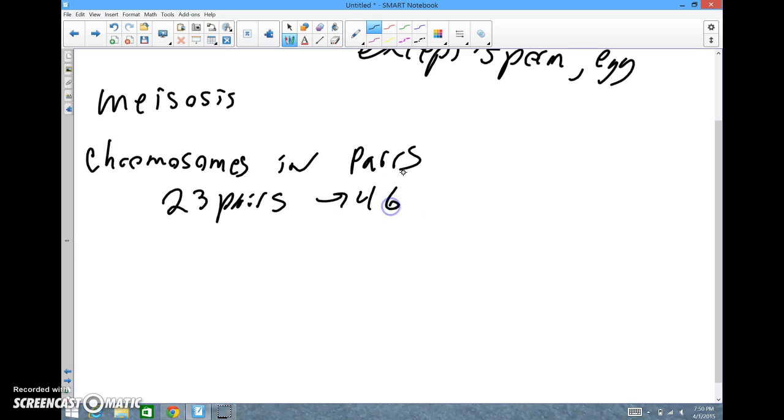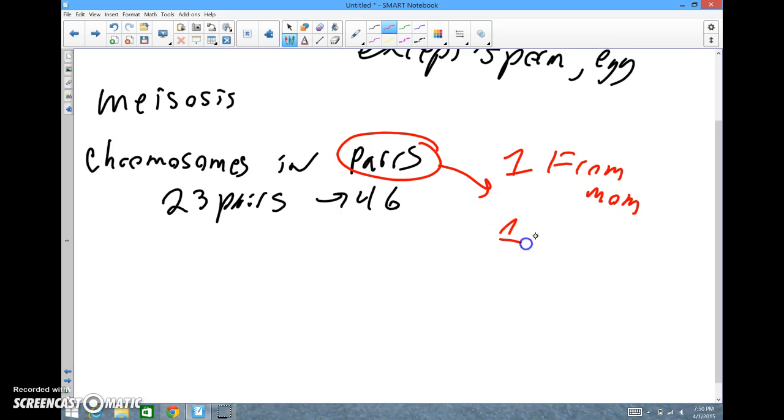Now, the reason that your chromosomes come in pairs is because you get one from mom and one from dad. And so since you need them in pairs, every sexually reproducing organism has chromosomes that are in an even number.